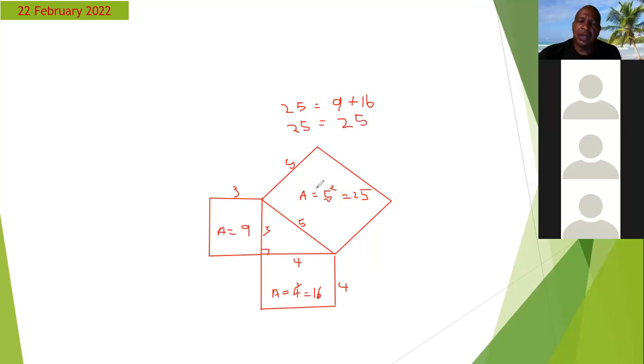So what he's saying now, suppose you replace these numbers now with general letters, right? If we replace all of these numbers with letters based on how we label the triangle.